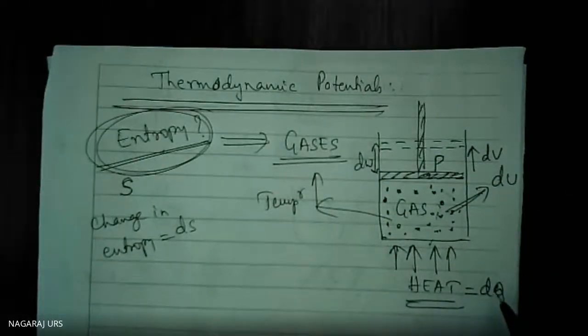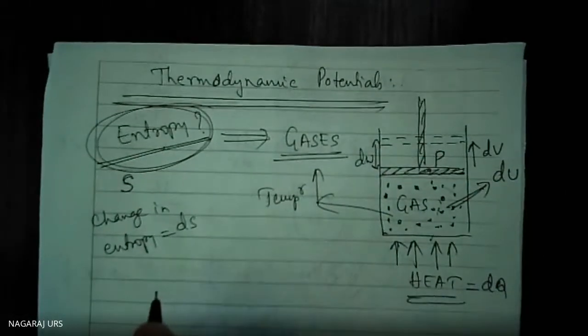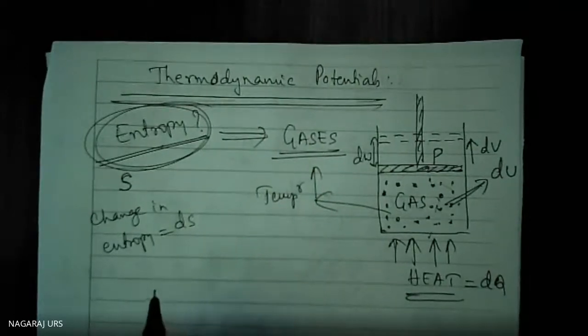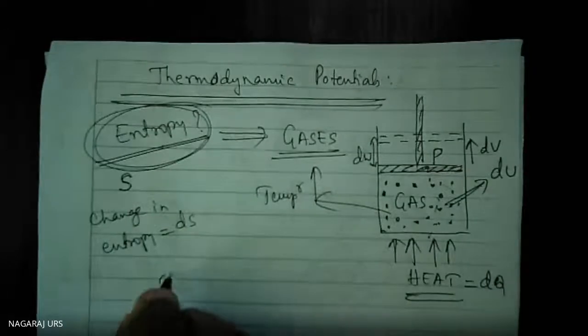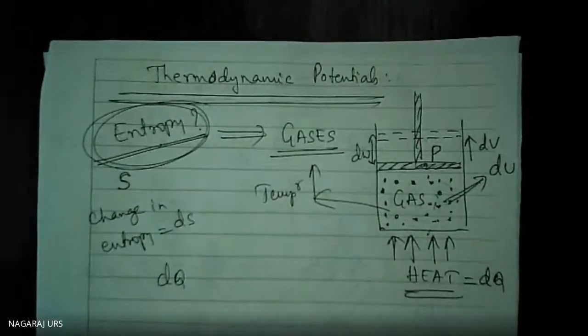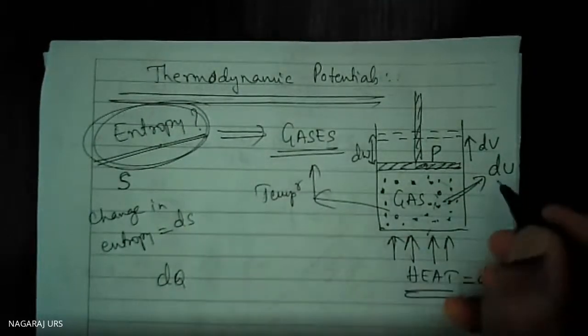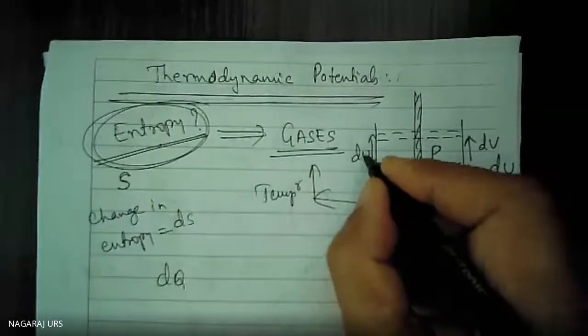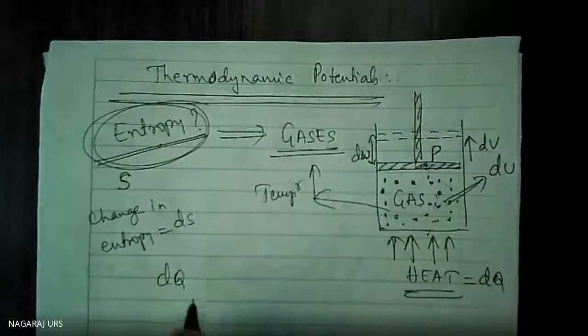Therefore, for the given amount of heat energy, the first law of thermodynamics, taken from your first PUC, says dQ is equal to dU plus dW. This is dW, work done.